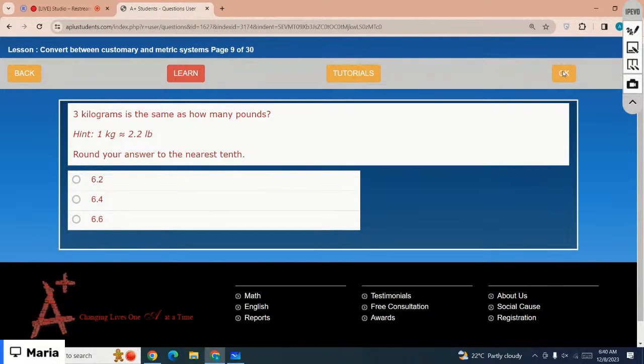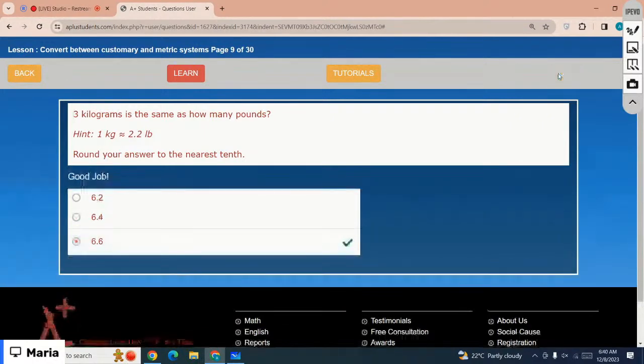And the correct option is 6.6. It is right. That means 3 kilograms equals 6.6 pounds.